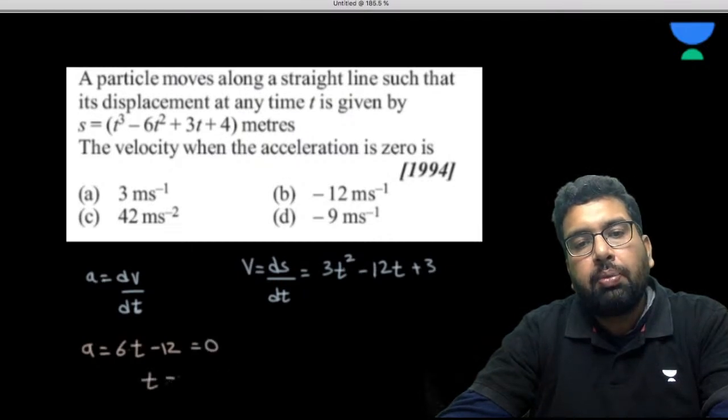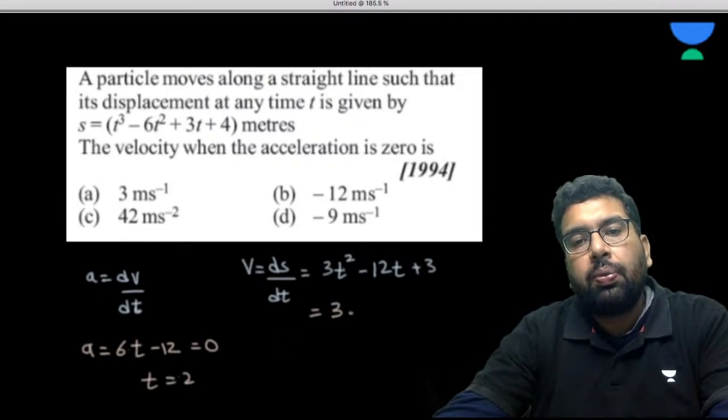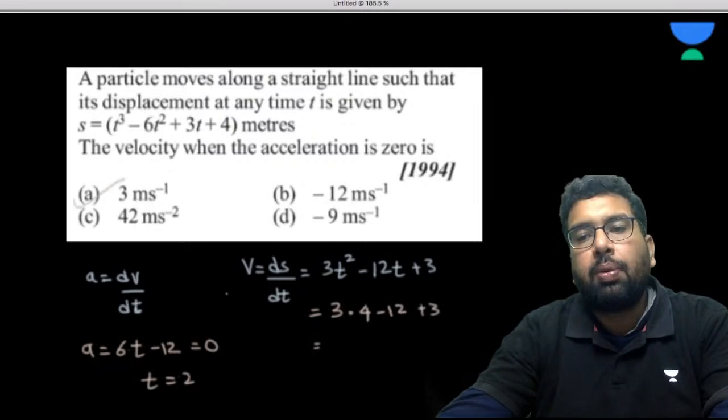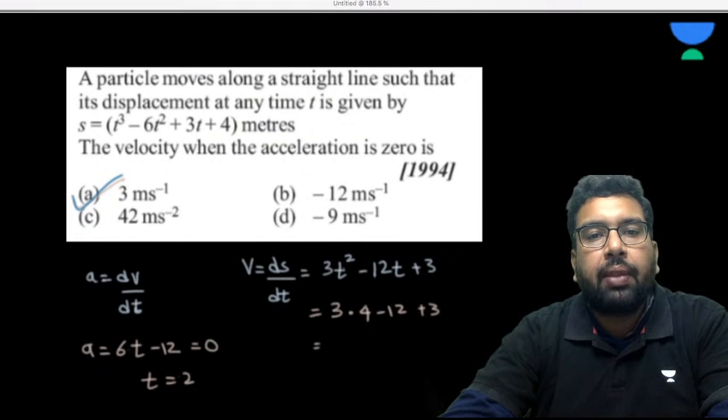So t will become 2. What is going to be our velocity? It will become 3 into 4 minus 12 into 2 plus 3, that is 3 into 4 minus 24 plus 3. So this is going to become option A, it is coming out to be 3 obviously. Wonderful. Now let's try one more question.